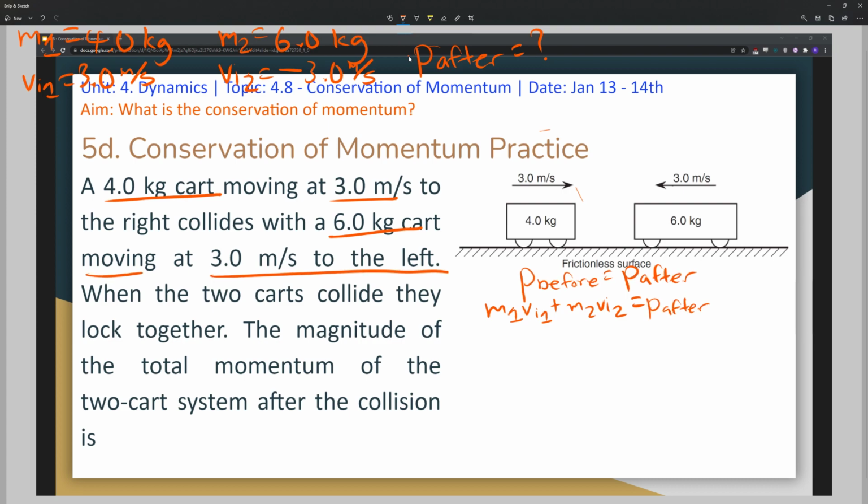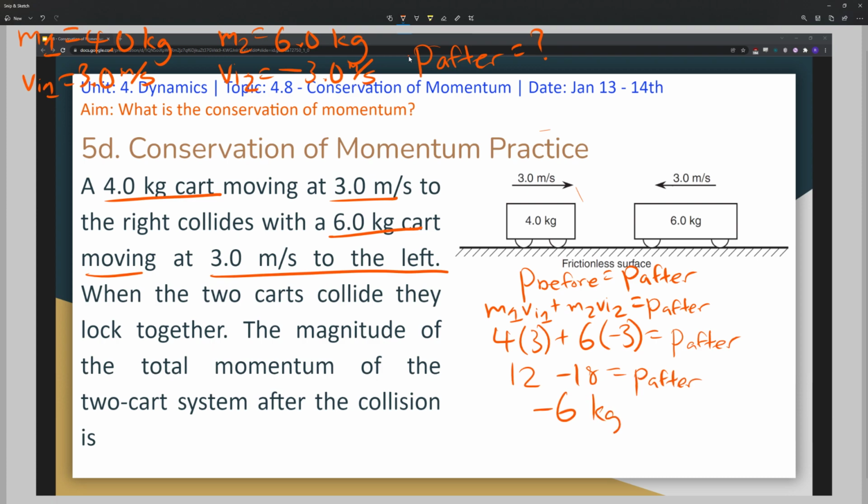Your mass of object 1 is 4, initial velocity of object 1 is 3, plus mass 2, which is 6, times negative 3, equals the momentum after. So 12 minus 18 is your momentum after, and you have negative 6. And that is the answer: negative 6 kg times meters per second.